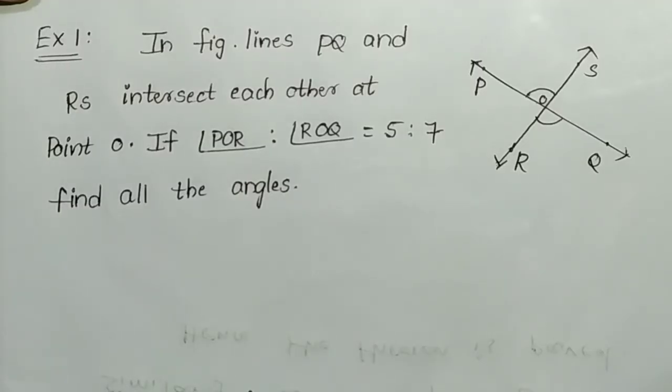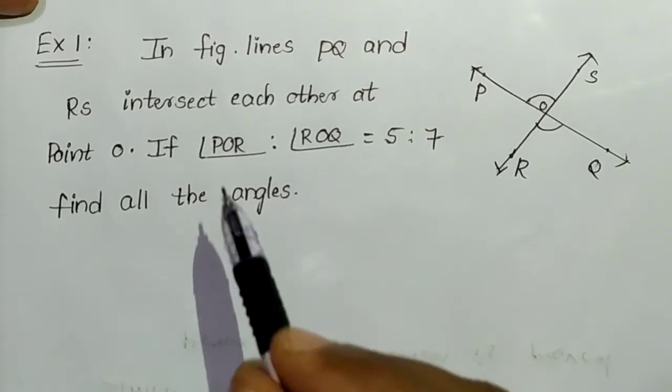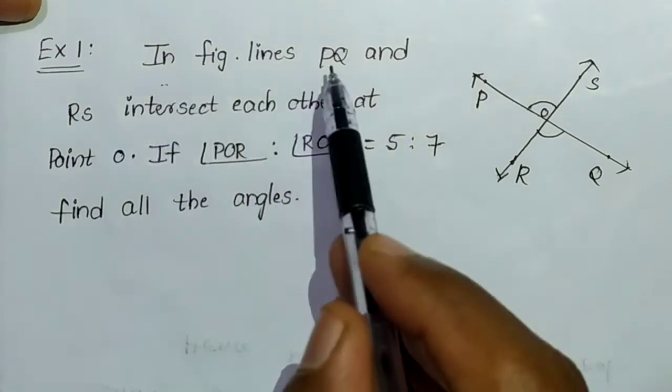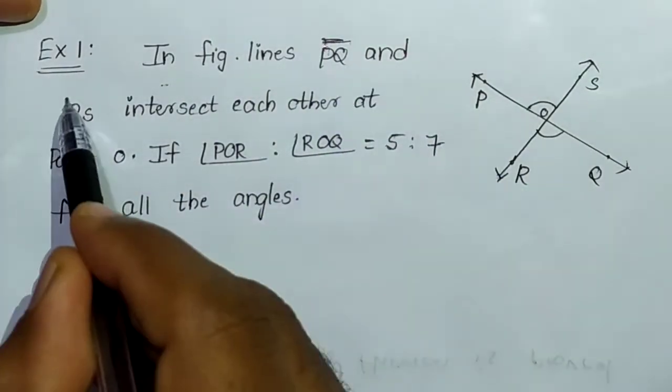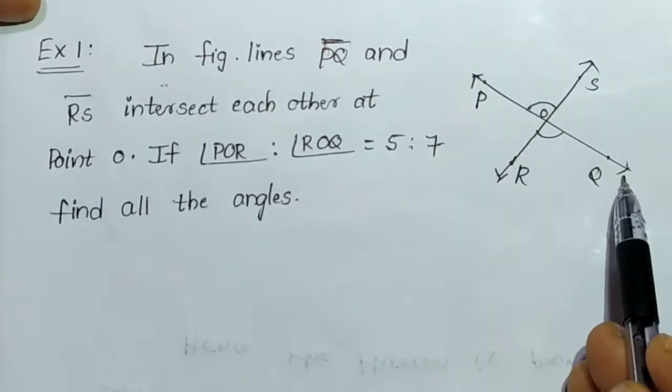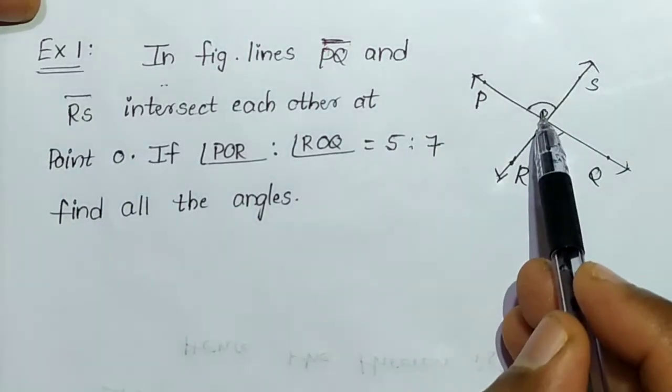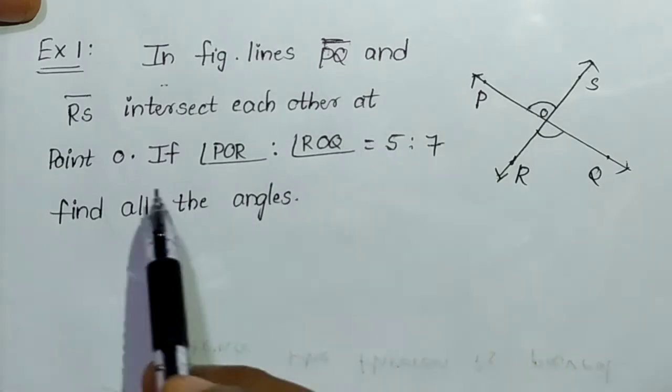Now, examples based on theorem, right? In the figure, lines PQ and RS. See, PQ and RS intersect at a point O, right?